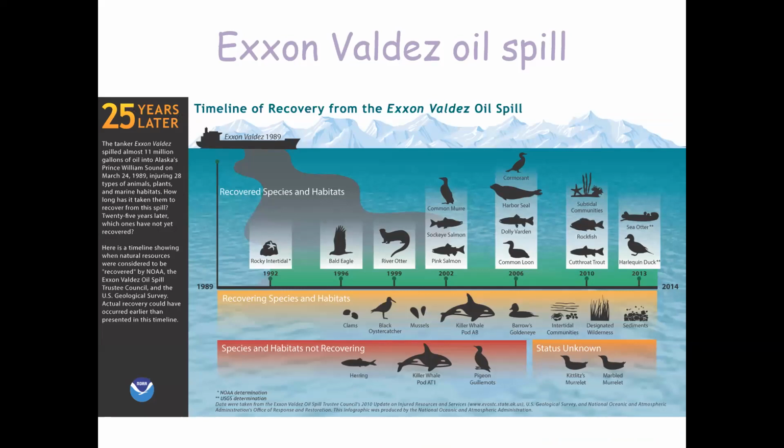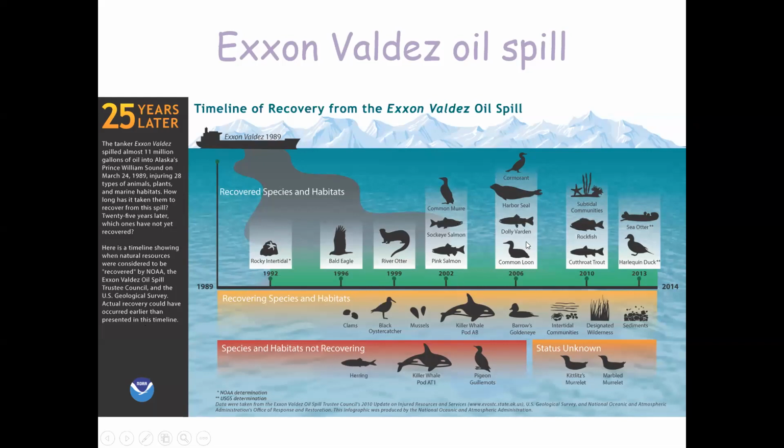For that, I want to show you the Exxon Valdez spill 25 years later, and you can see the recovery and the species which have not recovered yet. You can see that a lot of the intertidal has recovered relatively quickly because the water was cleaned up very quickly. Birds, you can see river otters, not sea otters.